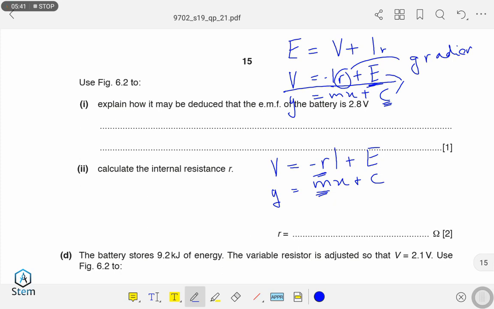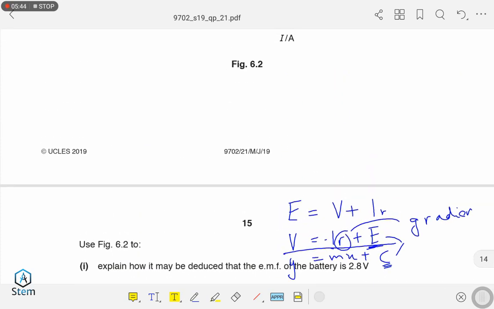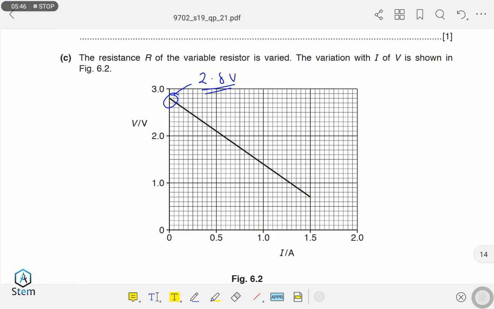Now if we go to our line, we'll just pick 2 points, and from those 2 points we can calculate the gradient of the line. So I'm going to pick this point and that point. This point is 0, 2.8, and that point here is 1.5 and 0.7.